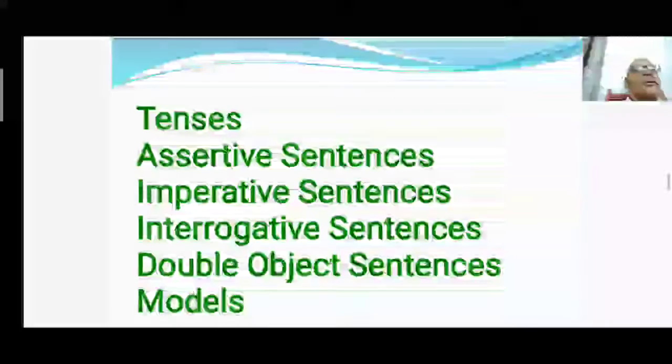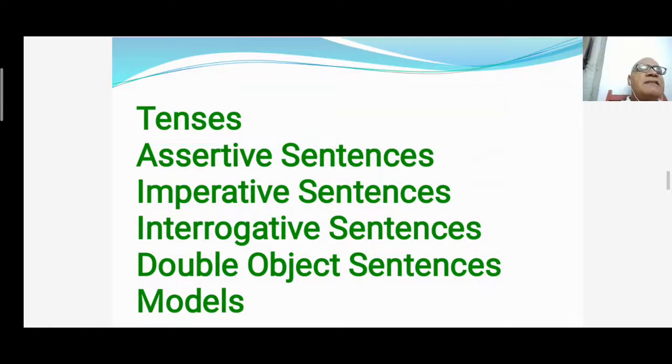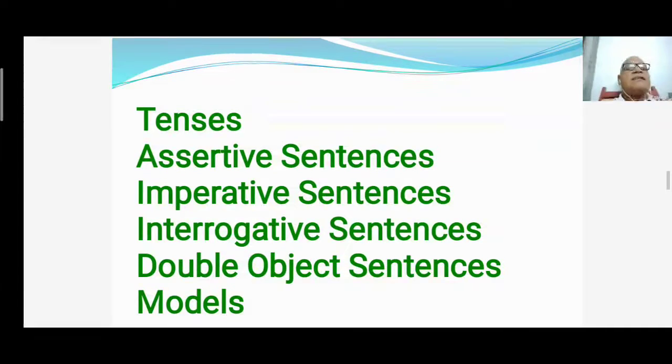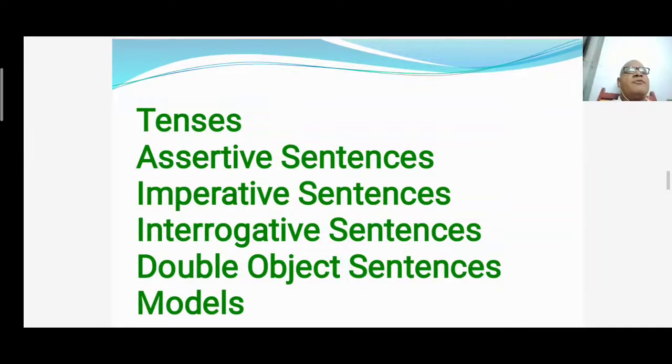Then all the assertive sentences can be translated from active voice to passive voice, or vice versa, from passive voice to active voice. All the imperative sentences can be transferred from active voice to passive voice, and all the interrogative sentences can be changed from active voice to passive voice.